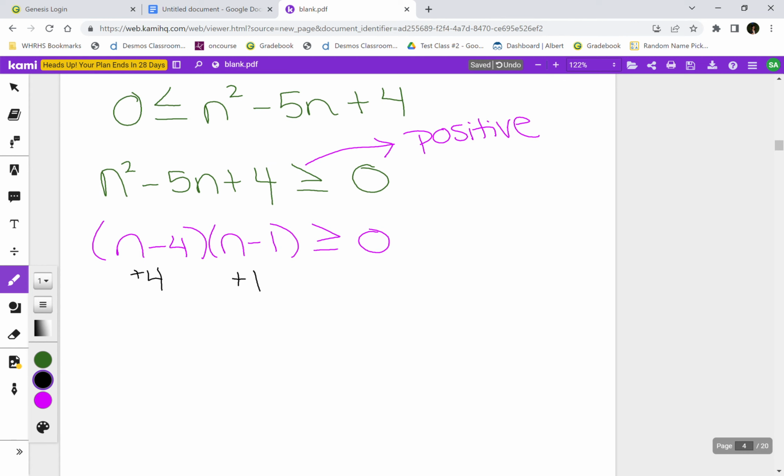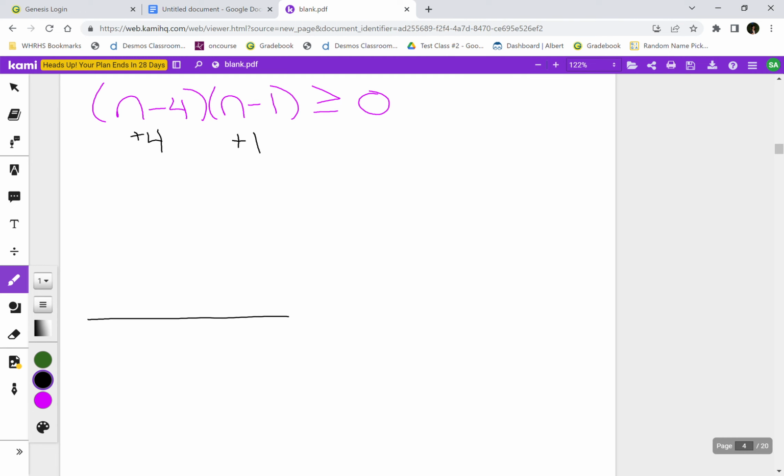What do we have to do since it was a quadratic inequality? Test the regions. So we pick our smallest number, which is 1, and we test n is less than or equal to 1. Then we test the region between them, so 1 is less than or equal to n, which is less than or equal to 4.